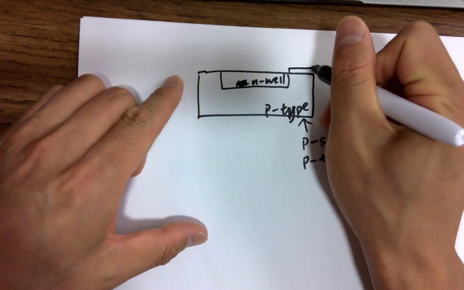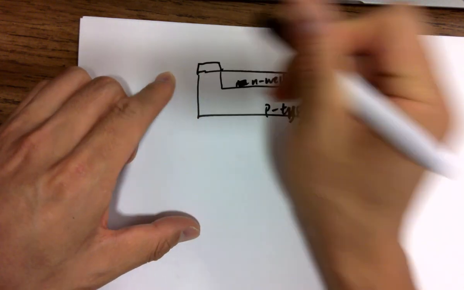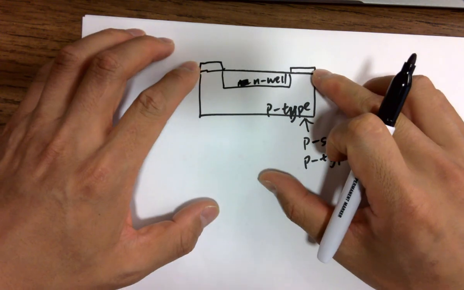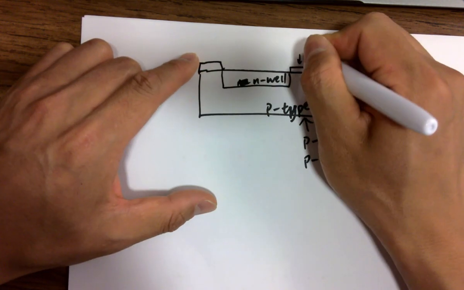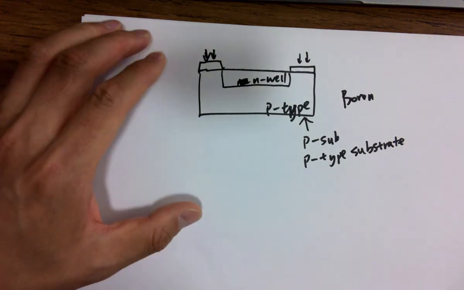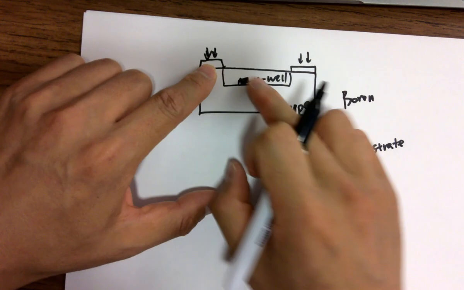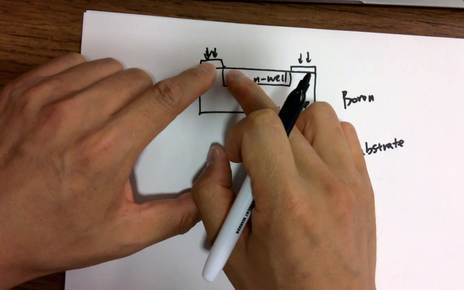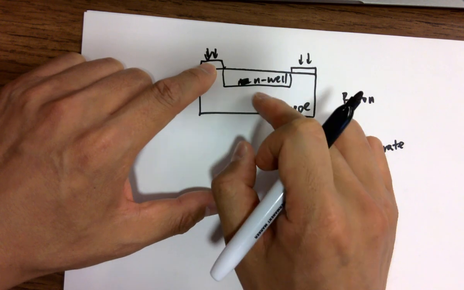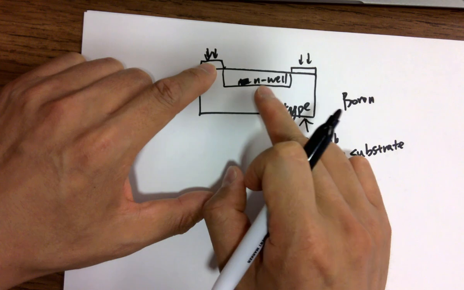When you do the diffusion, you can deposit a certain pattern on the top, so eventually these areas are blocking that dopant of the N-type material. Only this area has the opening, so it's able to accept all these dopants, getting diffused into the wafer.